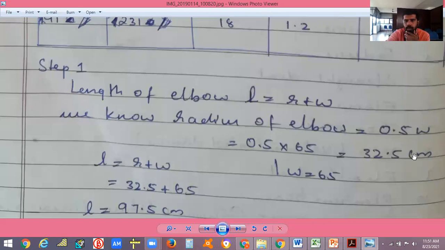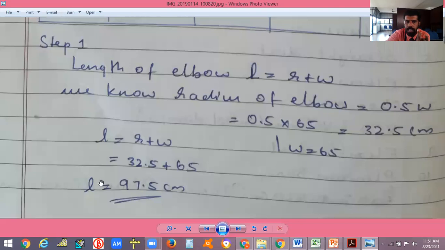So that is 32.5 centimeter. So R is equal to 0.5 of W, half of it. Just multiply 65 with 0.5, we'll be getting 32.5. So include this 32.5 in this. You'll be getting 32.5 plus W. W you already know it is 65. So plus 65. You'll be getting L as 97.5 centimeter.